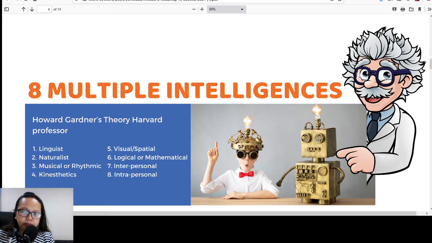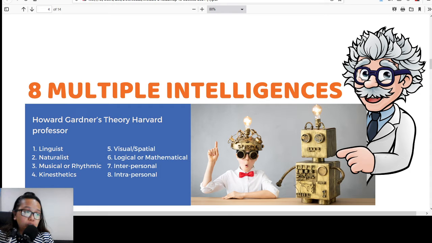So next we have the visual spatial. People who are strong in visual spatial intelligence are good at visualizing things. These individuals are often good with directions as well as maps, charts, videos, and pictures. For the strengths, visual and spatial judgment. Characteristics.